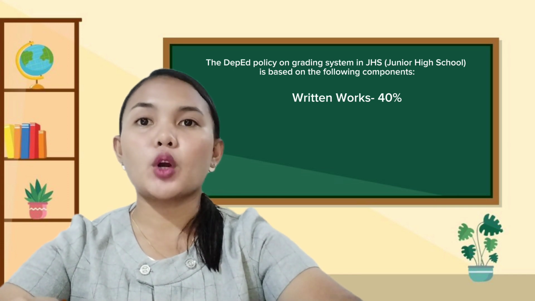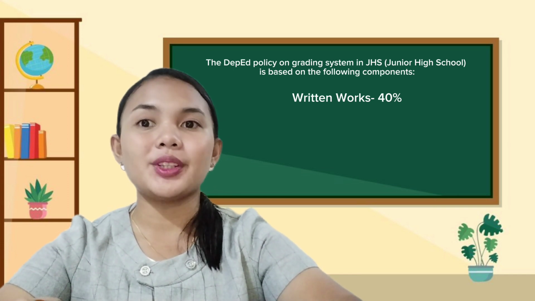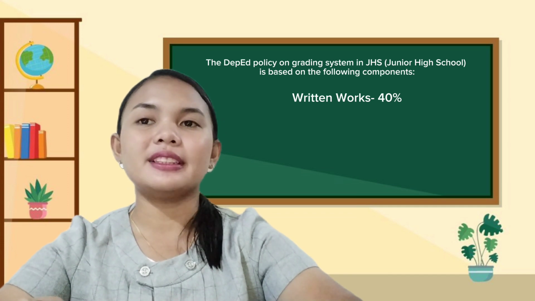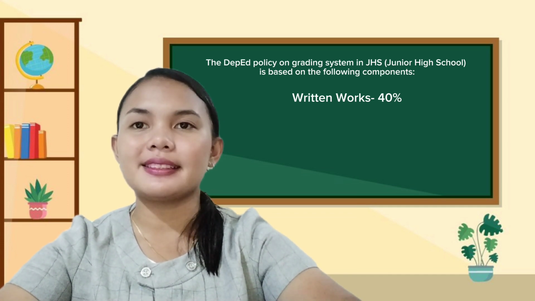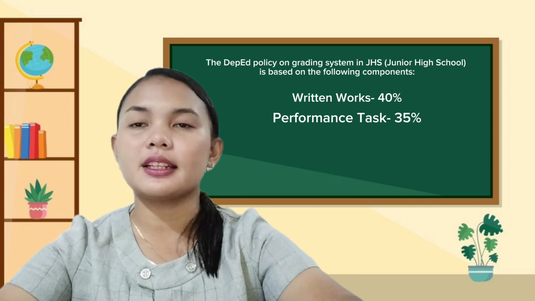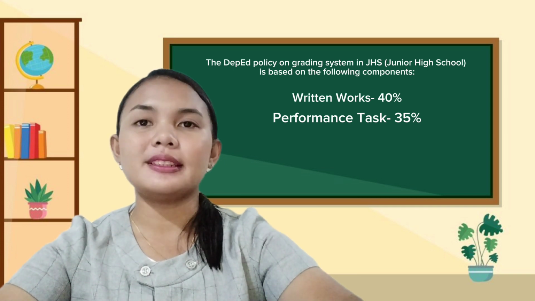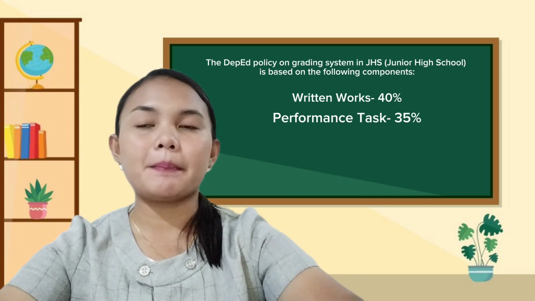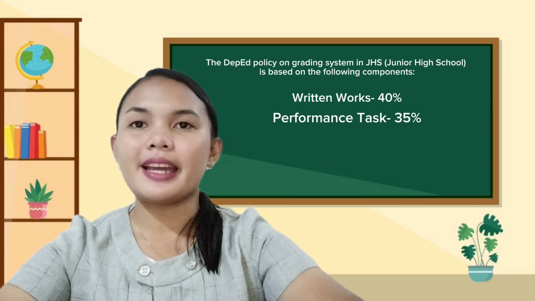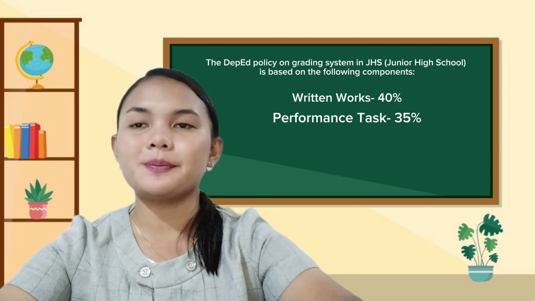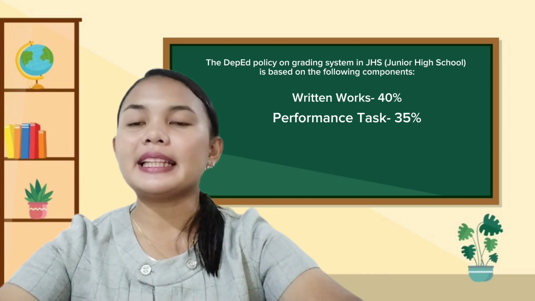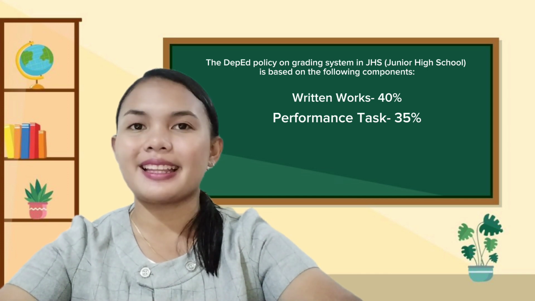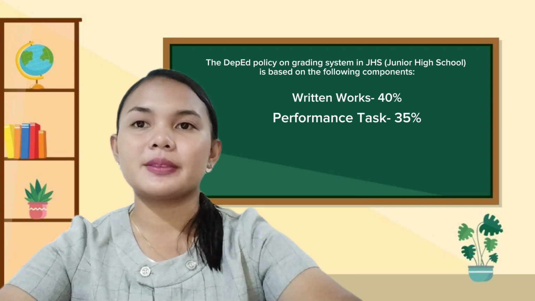It accounts for 40% of the student's grade. The next one is the performance task. This component includes projects, research papers, oral presentations, and other performance-based assessments. It accounts for 35% of the student's grade.